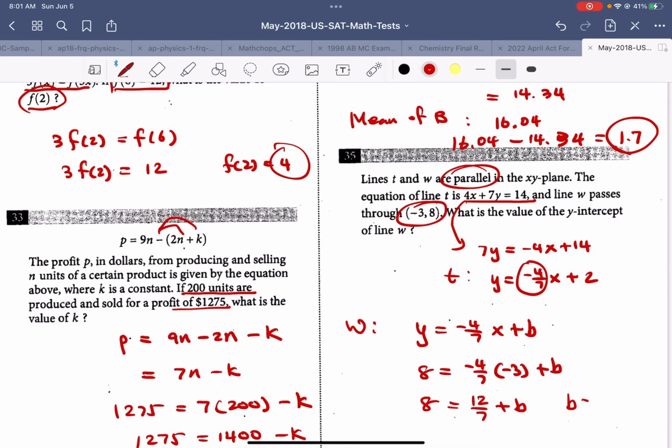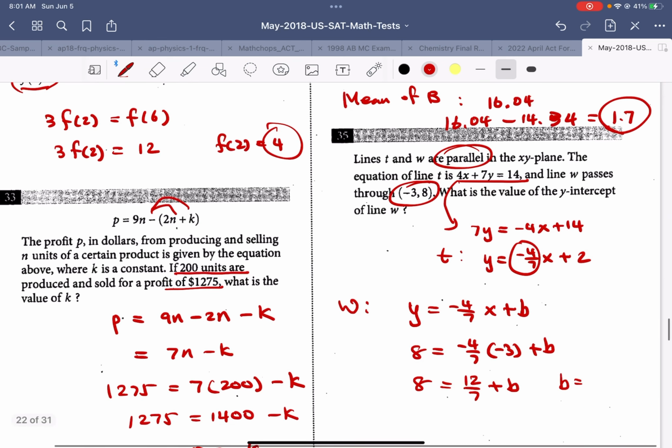So b has to be 56 minus 12 over 7, so you get 44 over 7. That is the answer, the y-intercept of line W. The b value is the y-intercept.